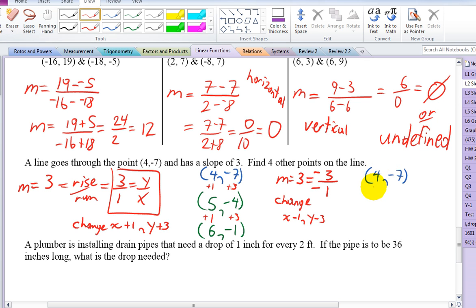So now we'll go -1, -3. And what's our next point going to be? 3, -10. So my x value changes by -1, my y value changes by -3, and so I'm at 2, -13.